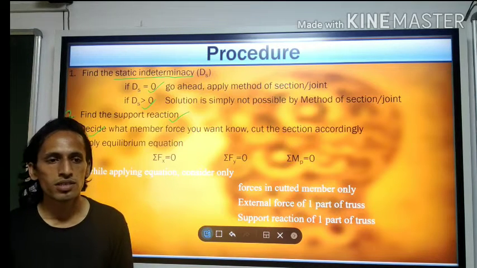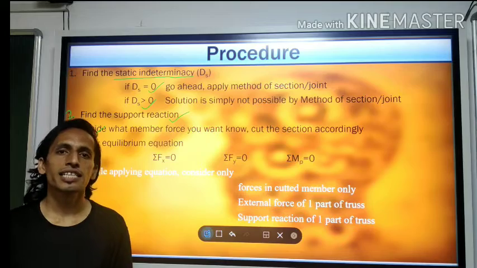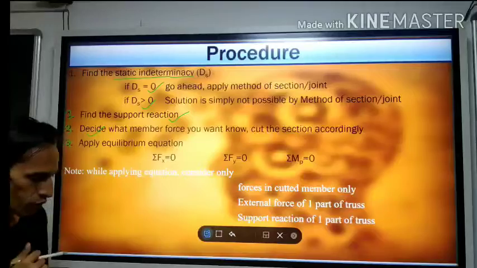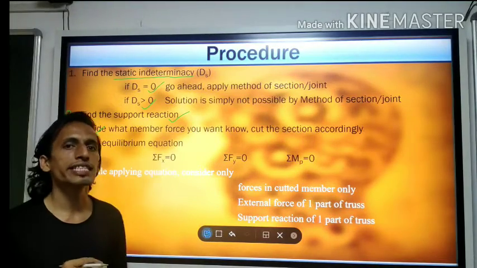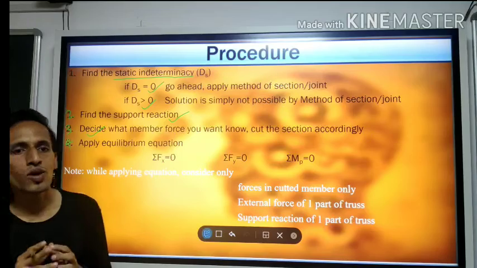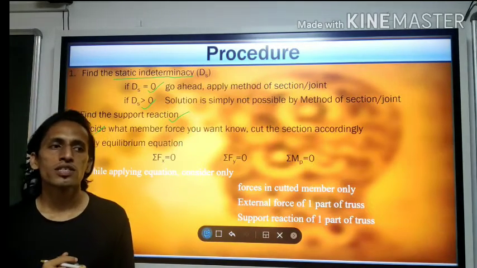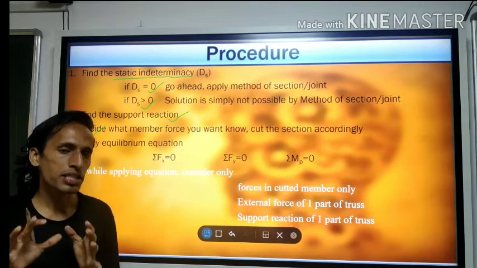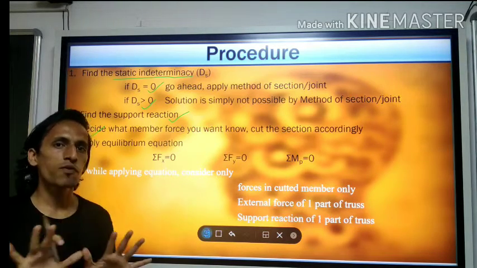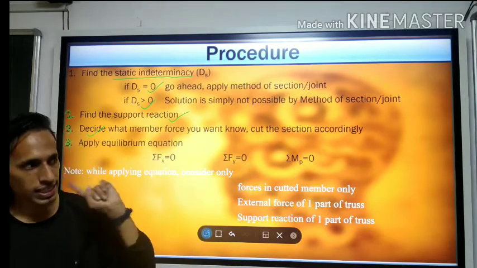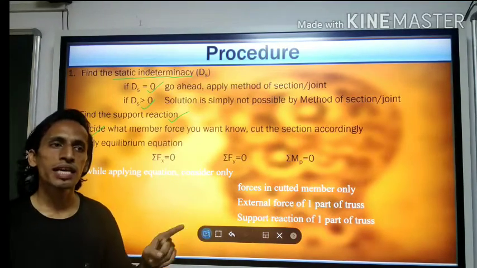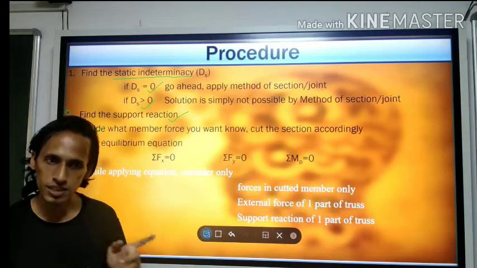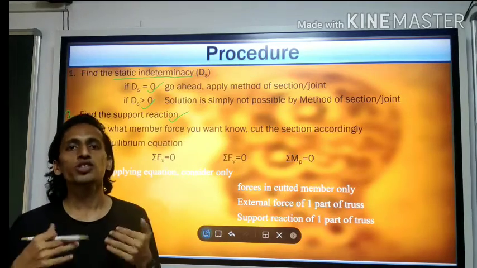When you cut the section, there are some important points. Before cutting the section, you should first decide what you are actually trying to do. This must be clear; your objective must be clear first. I want to calculate this value of force, so to calculate this, I need to cut the section in this way. This is how you should think.